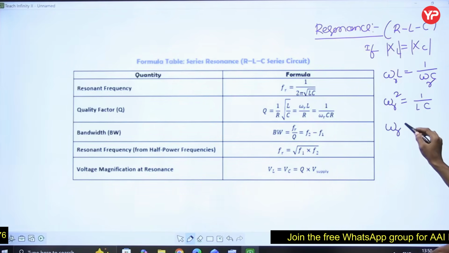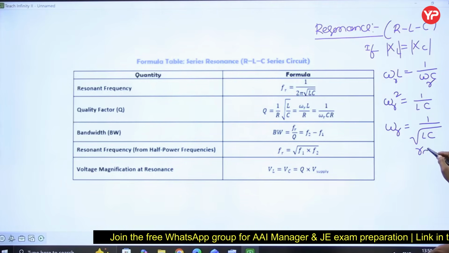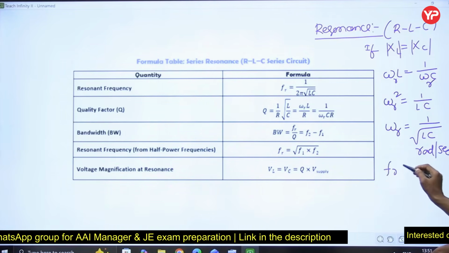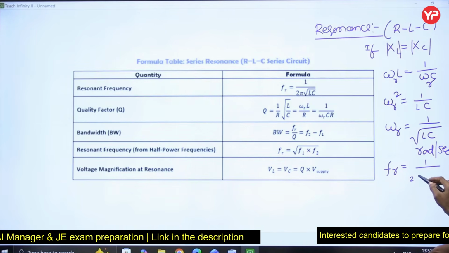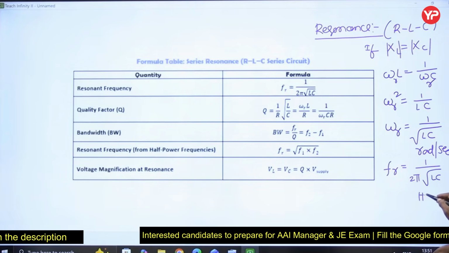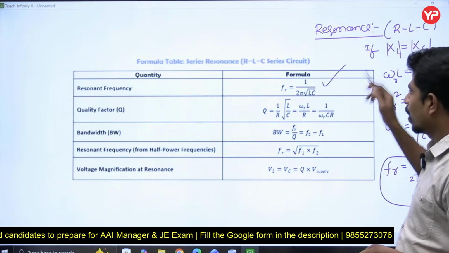So omega R is equal to 1 by under root of LC radians per second, that is FR is equal to 1 by 2 pi under root of LC hertz. This is the formula.